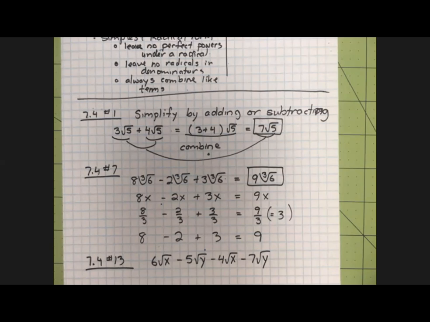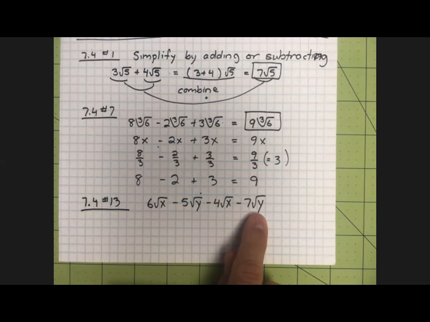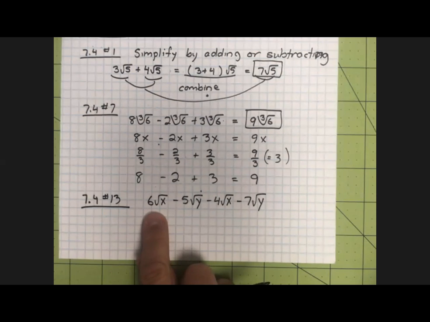Now, you can't force people to be the same if they're not. You can't force apples and oranges to be the same. So here I have 4 things to add and subtract. Okay, mostly subtracting, but they all 4 don't belong together.